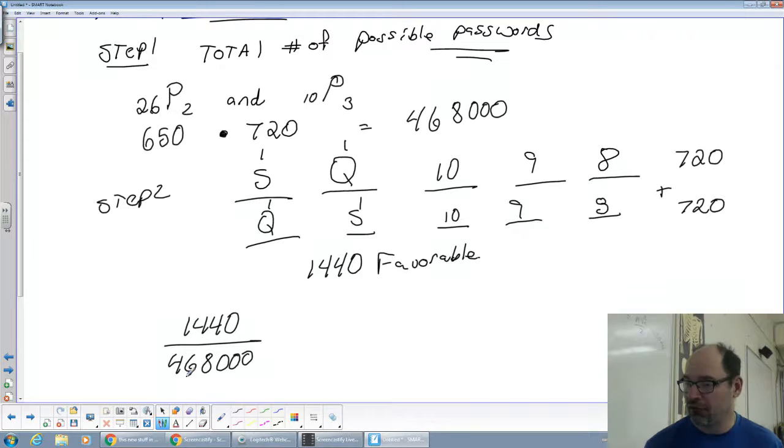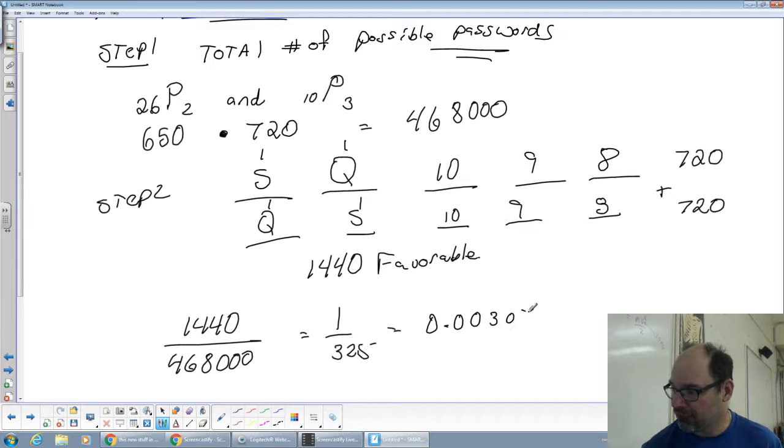I get 1 over 325 if we do it as a fraction, which if we do as a decimal, it's 0.00307, something like that. So that's how you do that probability there.